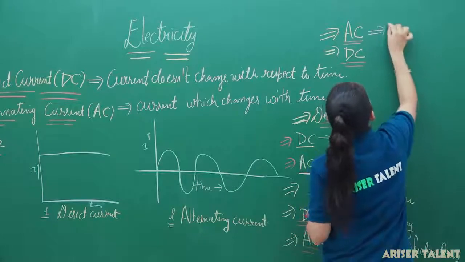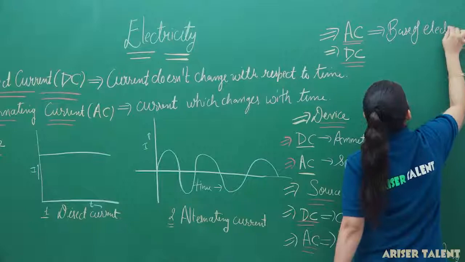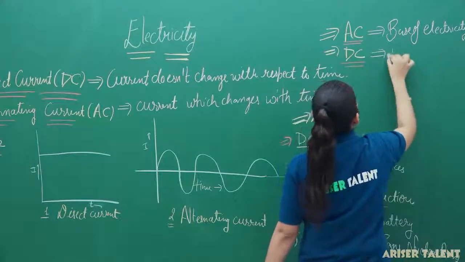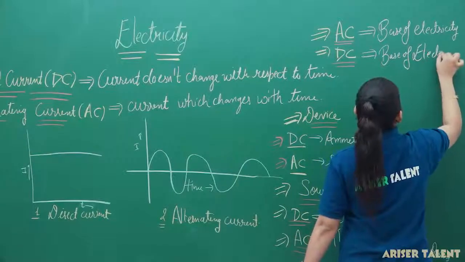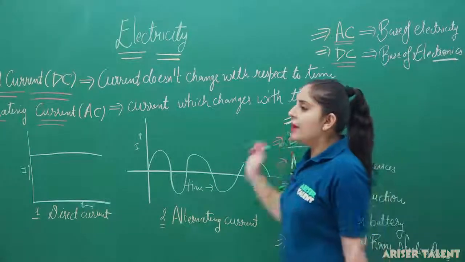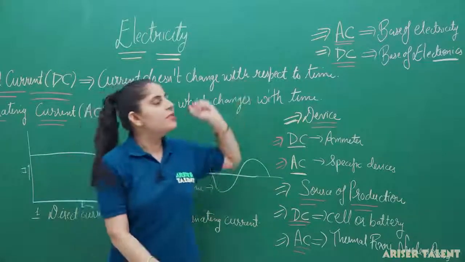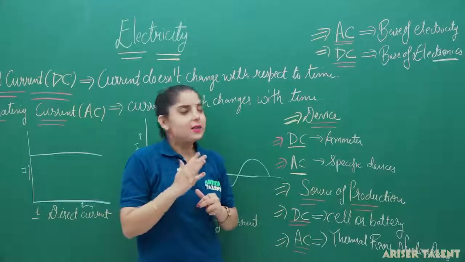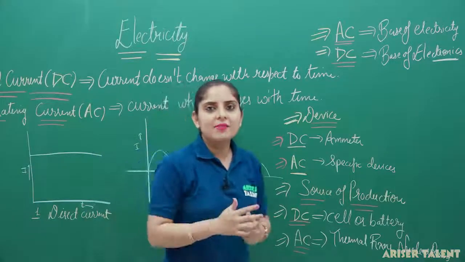If we are talking about electronics, we will always discuss DC current, but if we go to the electrical branch, we will always discuss alternating current, because alternating current is linked with our electricity. So these are the major differences between AC and DC we have seen here.